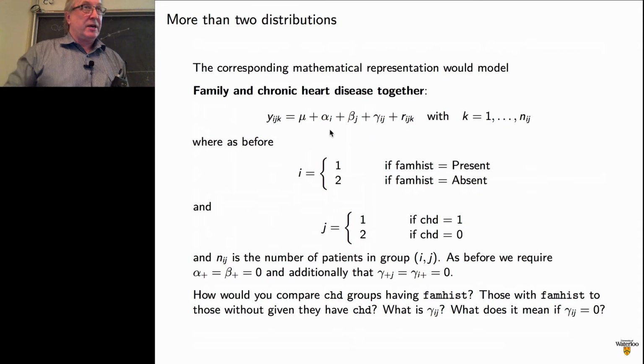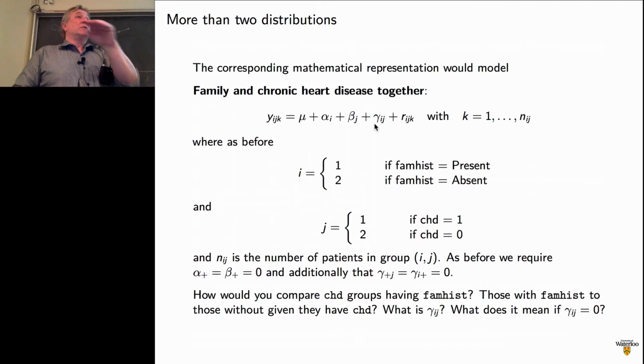Similarly with the beta j, any difference between the coronary heart disease, presence or absence. You've got this average difference between if you've got family history or not family history. You've got another average difference between coronary heart disease or not.